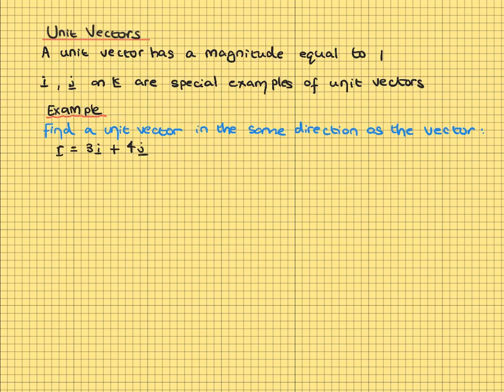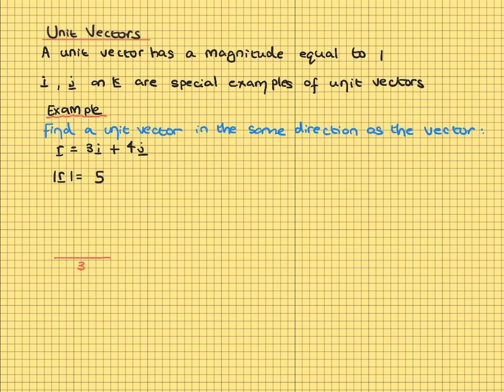So let's look at an example. We've got to find a unit vector, so a vector of magnitude 1, that is in the same direction as the vector r equals 3i plus 4j. Now, we looked at this vector previously. We know its magnitude is equal to 5. We know that this vector is 3 units along and 4 units up, so it looks a bit like this.